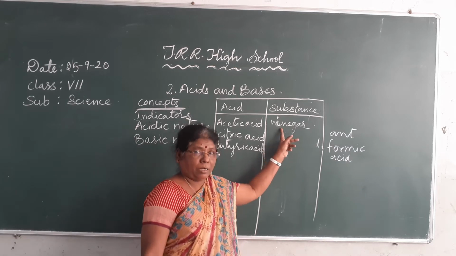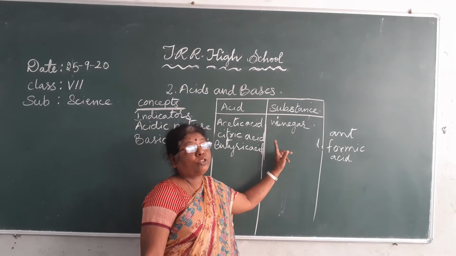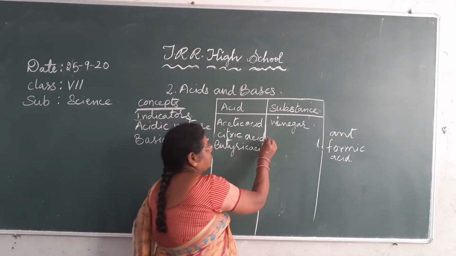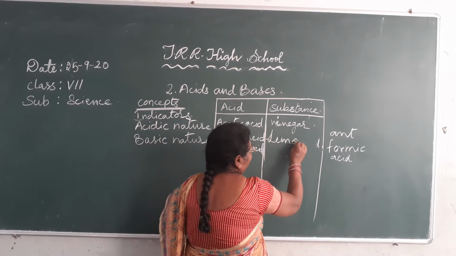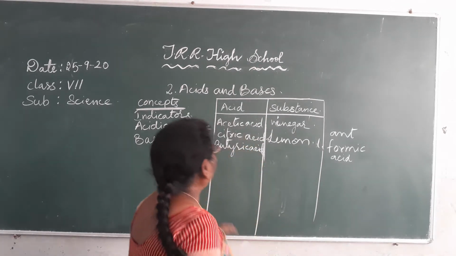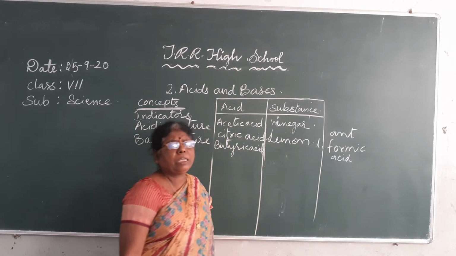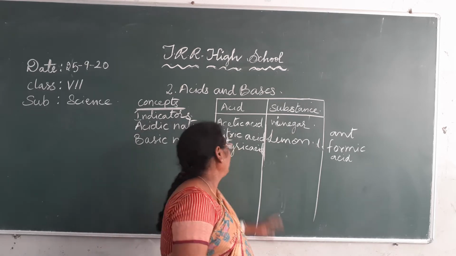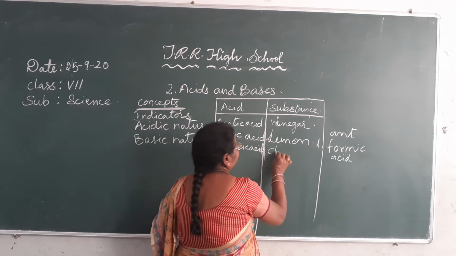I showed you lemons also. Which acid is present in the lemon? Citric acid is present in the lemon. In the same way, cheese we use for many recipes contains butyric acid.